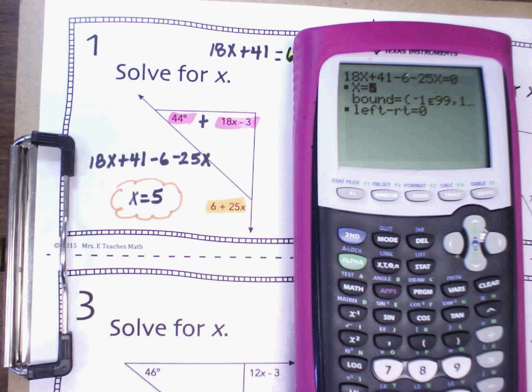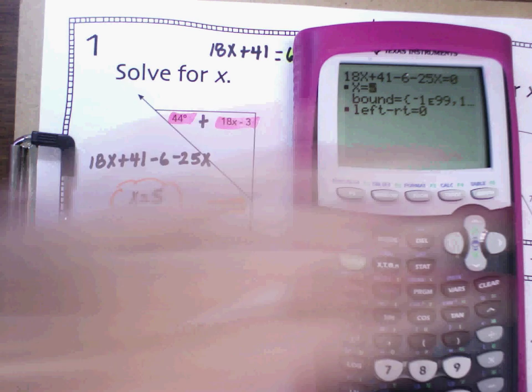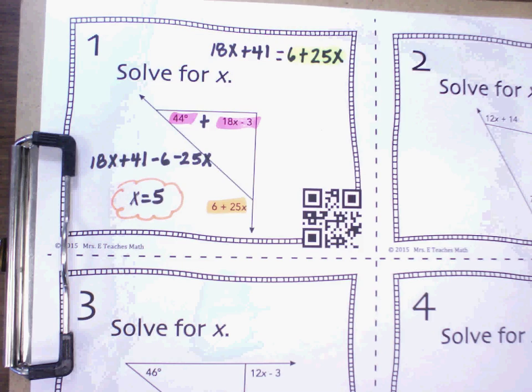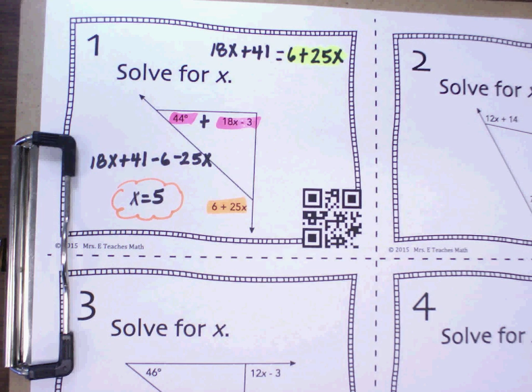Enter. What's the value of my x? 5. There you go. Can we scan to make sure? Does anybody have a phone that you can scan to make sure? Yeah, x equals 5. There you go.